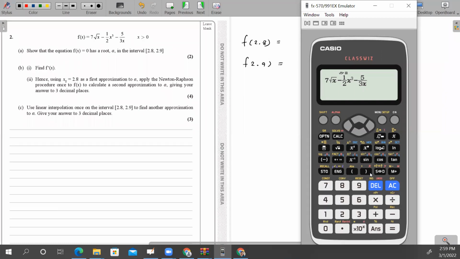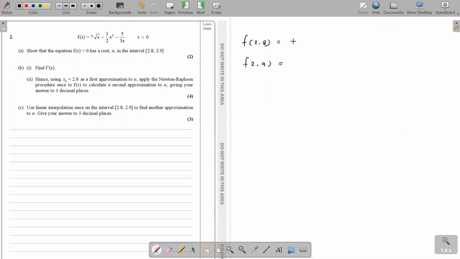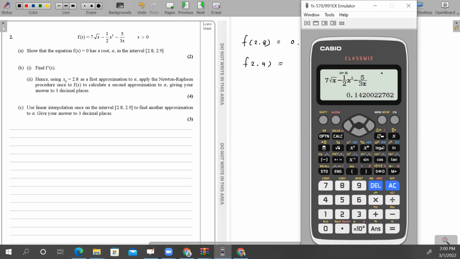Type the equation correctly in the calculator and give the values. So here calc when x is 2.8. When x is 2.8, I get the answer for f of 2.8 as 0.1420022.